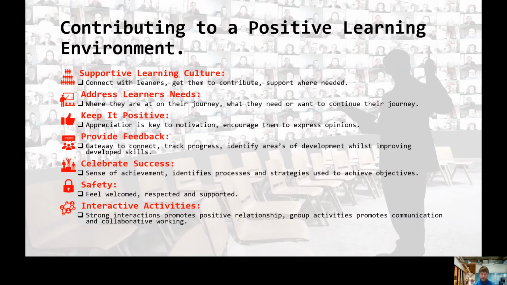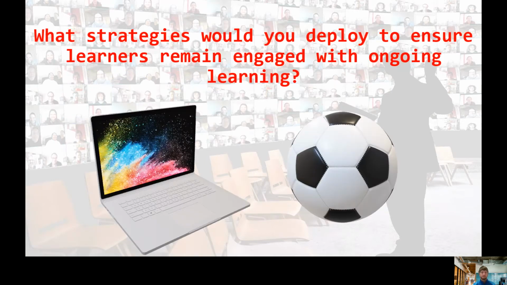So that real connection with the learners. We'll activate learning by sharing a problem or looking to solve an issue or a challenge. We'll get them to really demonstrate their learning through offering feedback, and we'll consolidate it by recapping through what we've talked about or what the learning objective was as well.